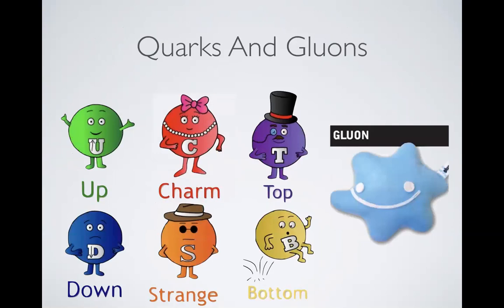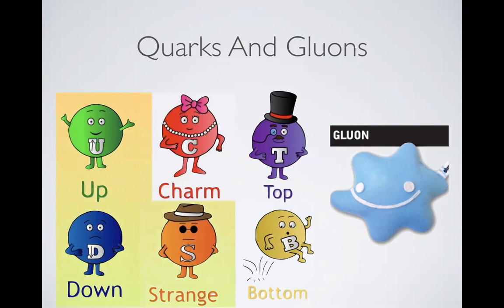There are lots of these little cutesy illustrations of particles that you can find on the internet. Here are the 6 flavors of quarks that we've talked about, up and down being the ones present as valence quarks in ordinary nuclear matter, like protons and neutrons. We talked about how they exchange virtual mesons, which are still mostly made of up and down quarks, like pions and rhos.